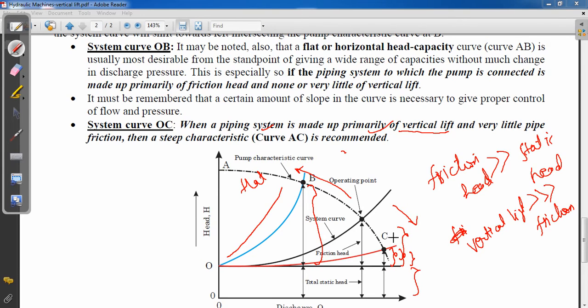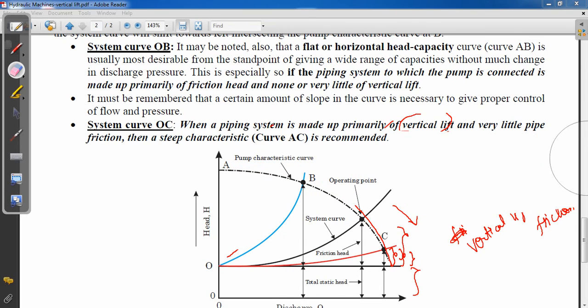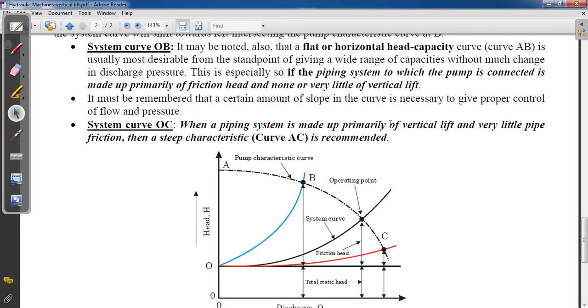So mainly it is the static head or vertical lift, and we will get a pump characteristic like steep. But if it is somewhere here, then that is known as nearly horizontal or gradually increasing, and this is flat. So what will be the answer? We know this is primarily a vertical lift curve, so we will get curve AC, and that is known as the steep curve.